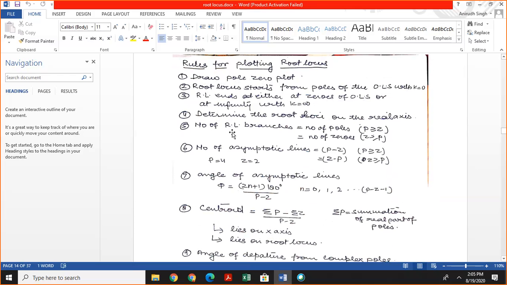Next, calculate the number of root locus branches.